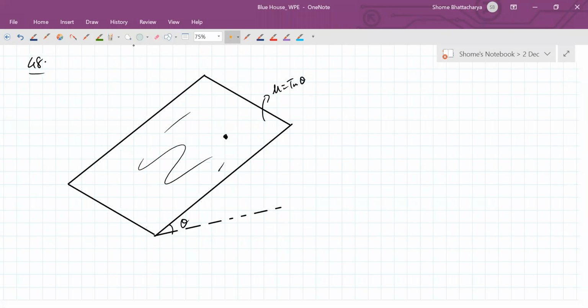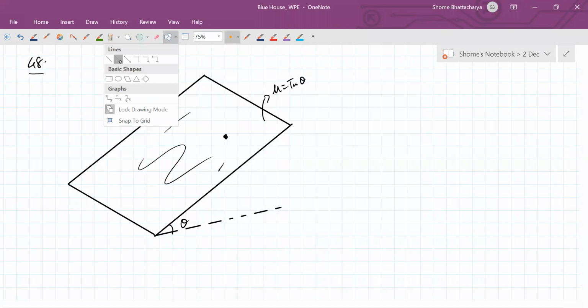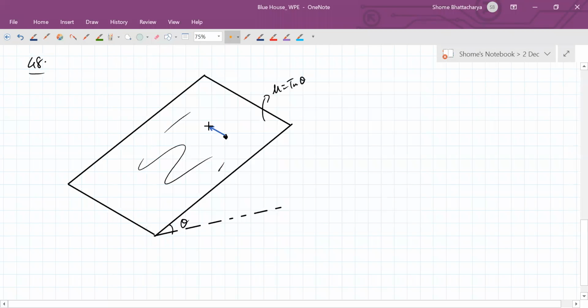But here instead, what we are doing is we are initially giving the particle a velocity, and we are giving that velocity in the horizontal direction along the surface. So we are giving it an initial velocity, let's say v naught, like this. So this particle P is given an initial velocity like this.